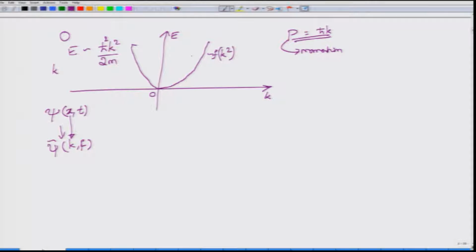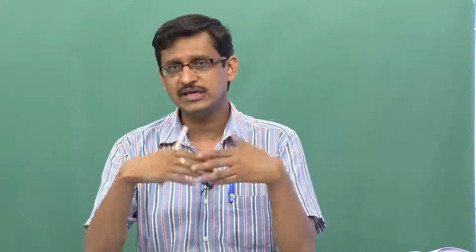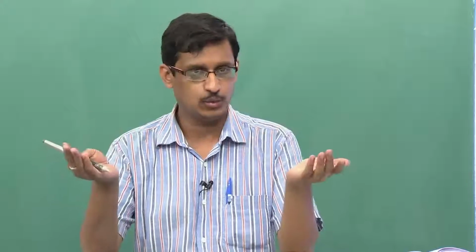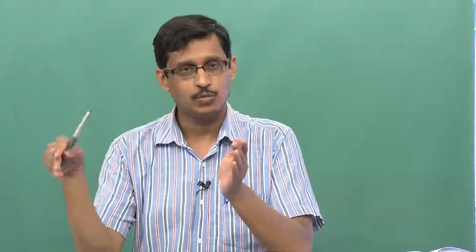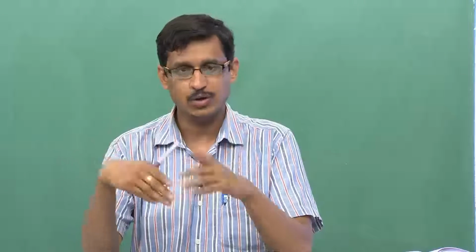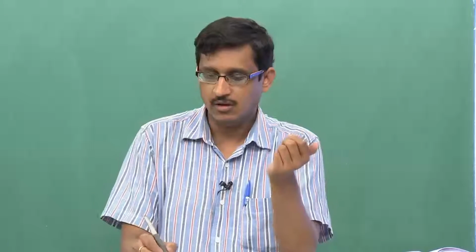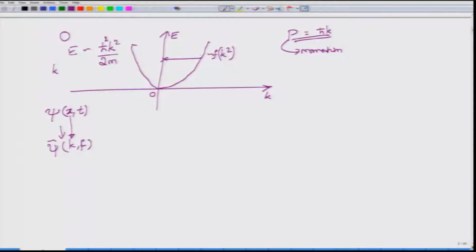A given isolated electron can take on any energy level that it wants, and corresponding to every energy that it takes, there is a corresponding momentum k as well. That is what this particular graph means. For example, if this is E0, then the corresponding momentum will be k0.